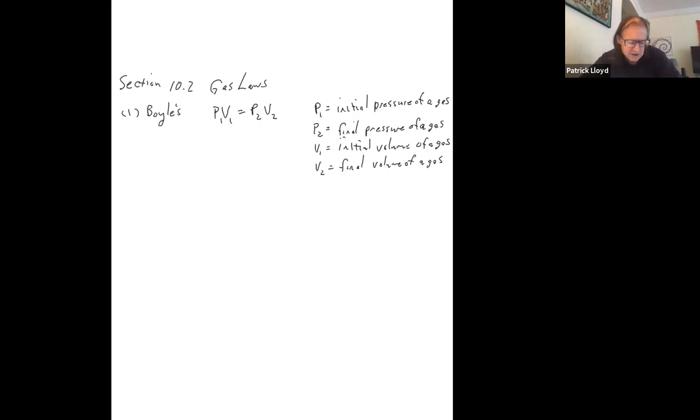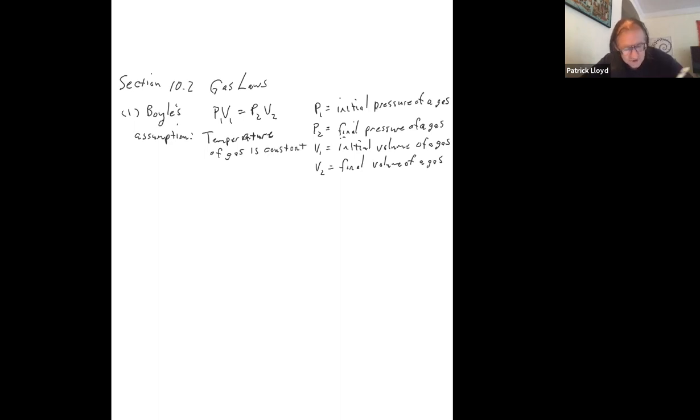And we're going to make an assumption here. There's an assumption in Boyle's law. We talk about assumptions a lot in the sciences. We have to make assumptions because the universe is very, very complex. So if we don't make assumptions, generally our laws or our rules will be incorrect. So the assumption here is that the temperature of the gas is constant.